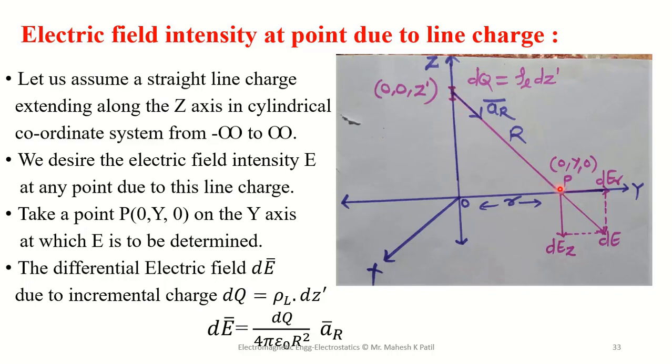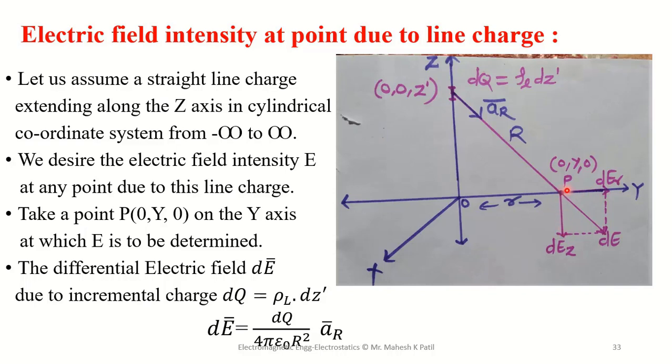Now you join this smallest charge dq to this point P. Now the electric field intensity is going to have components. One component is the horizontal component, that is the E r component, and one component is the vertical component, that is E z, the z component.